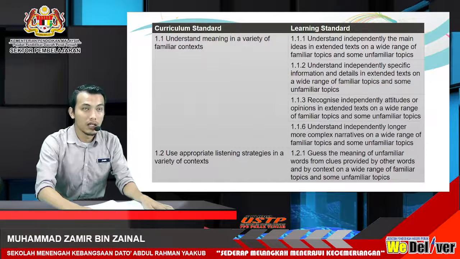Some of the learning standards are 1.1.1, 1.1.2, 1.1.3, 1.1.6, and 1.2.1. Okay, so all of these learning standards will be tested in the listening task.